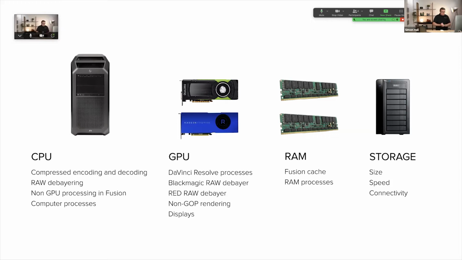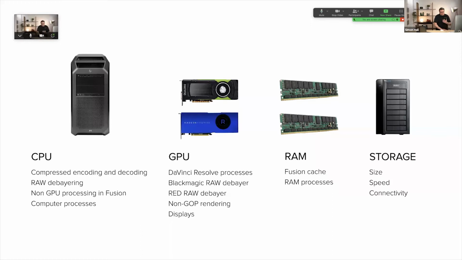The same goes with Red Raw, which does a similar partial demosaic in camera, so you end up with one file rather than just an image sequence. So Red Raw is processed through the GPU. Also, your GPU runs your displays. If you want to run two displays, you've got to run them off the graphics card. But yeah, the GPU in Resolve becomes an important thing.